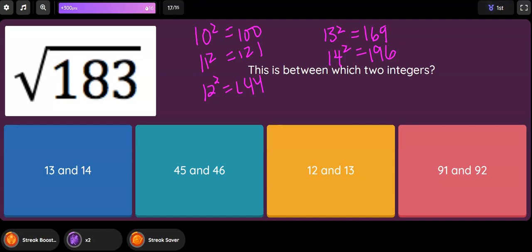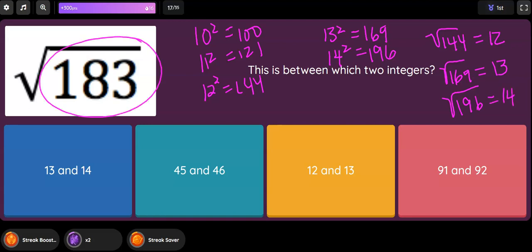Now, if you want to find the square root of a number, the square root of 144, right, you're working backwards. The square root of 169 is 13. The square root of 196 is 14.